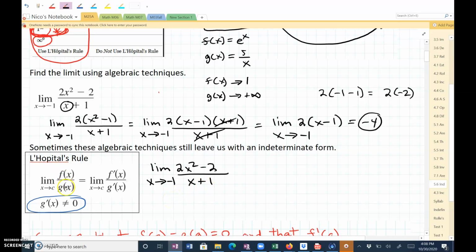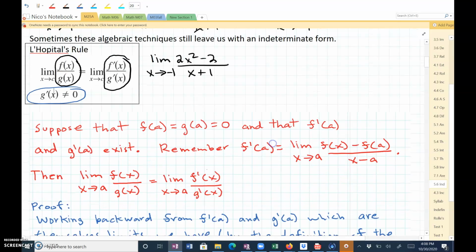But we can do something interesting here. We can use L'Hopital's rule, which basically says if you have the limit of some rational function, that's going to be equal to taking the derivative of the numerator and the derivative of the denominator. We're not going to go through the proof of that. I guess we will a little bit here.